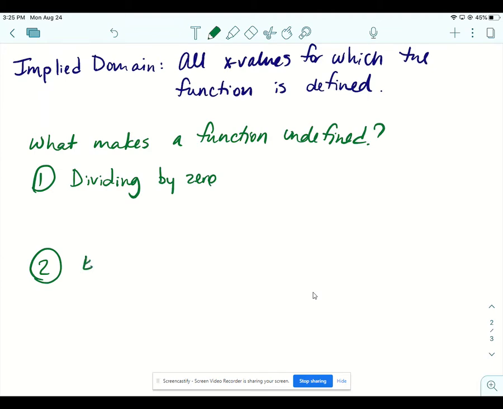So it's going to be an even root of a negative. Even roots are square roots, fourth roots, sixth roots. So any root where the index is an even number. So that's it. If there's no way you would ever have to divide by 0 or take an even root of a negative, then your domain doesn't have any restrictions. And we'll talk about some of those too.